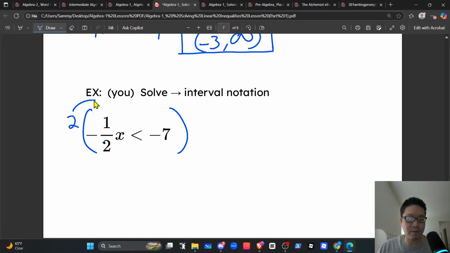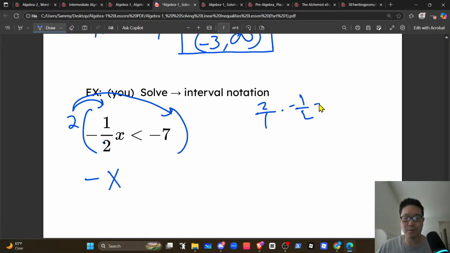So I'm going to multiply 2 with that term and 2 with that term. So 2 times negative 1/2 is going to give us negative x. Okay, so 2 over 1 times negative 1 over 2. The 2's cancel and we're just left with negative 1. Okay, so negative 1x less than negative 14.